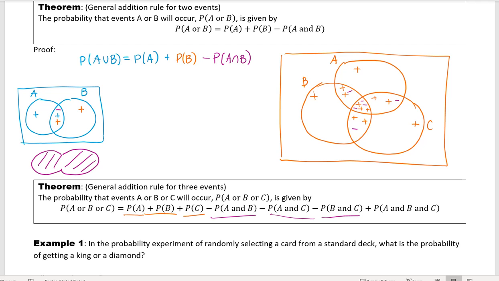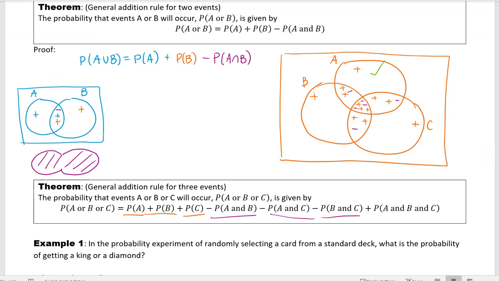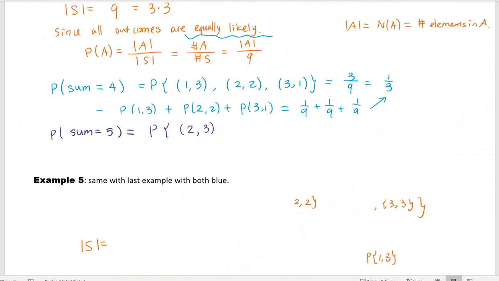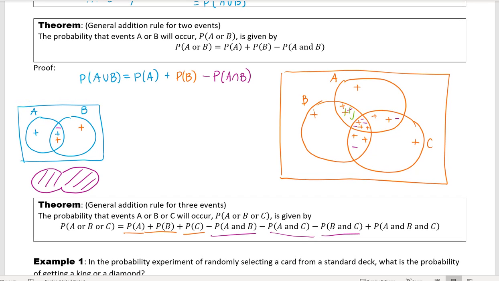Now, can you see, this region is good because we only counted it once. This region is good because these guys cancel, so then we only counted it once, right? So this one is good.